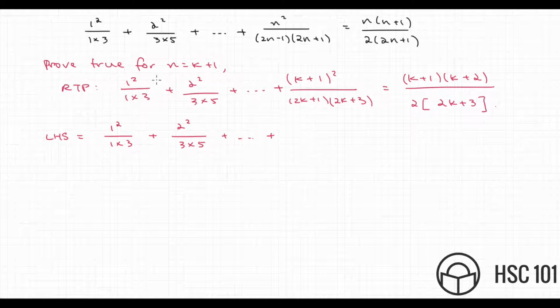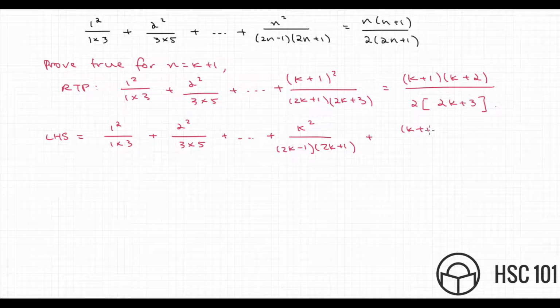According to the pattern, the numerators are increasing by 1 at a time, so the term before (k plus 1) squared should be k squared over... the denominators are 1 times 3, 3 times 5, so they're consecutive odd numbers. The denominator of the second last term should therefore end with 2k plus 1, multiplied by the previous odd integer, which is 2k minus 1. And then we add the last term, (k plus 1) squared over (2k plus 1) times (2k plus 3).